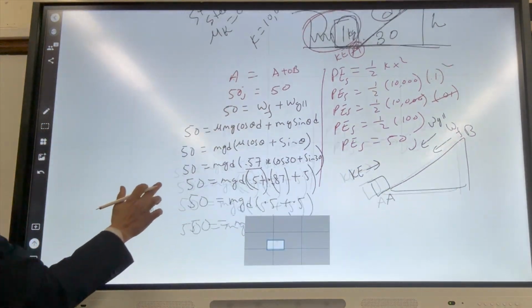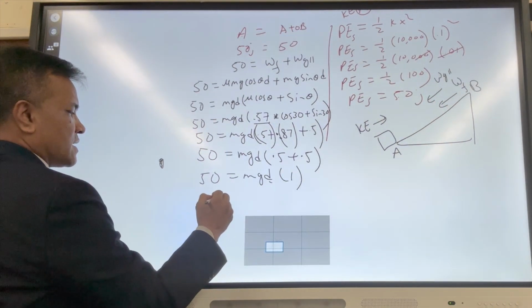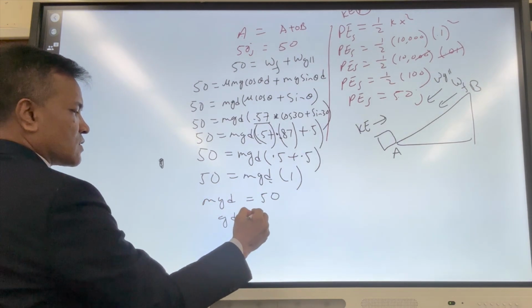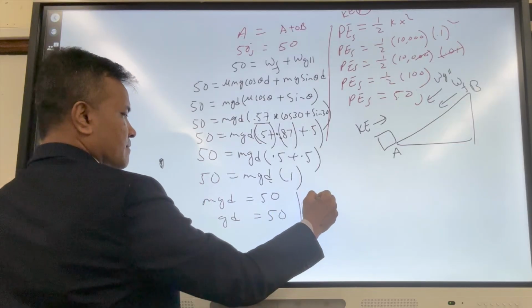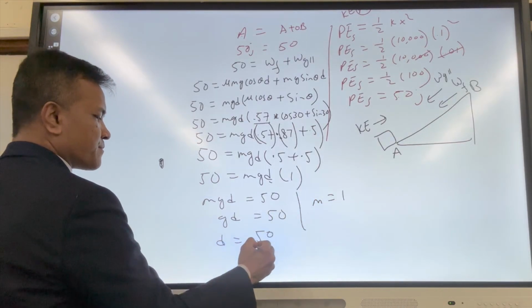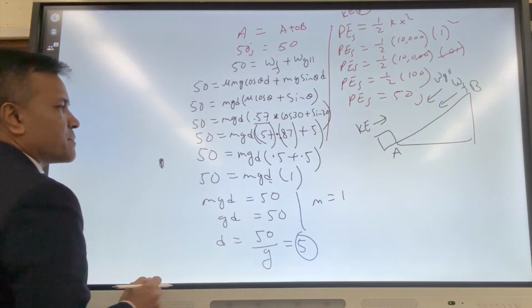Voila, that's the nicest number you can imagine. So mgd is equal to 50. M is 1, so gd is equal to 50. So d is equal to 50 over g. So d is equal to 5. So 5 meters.